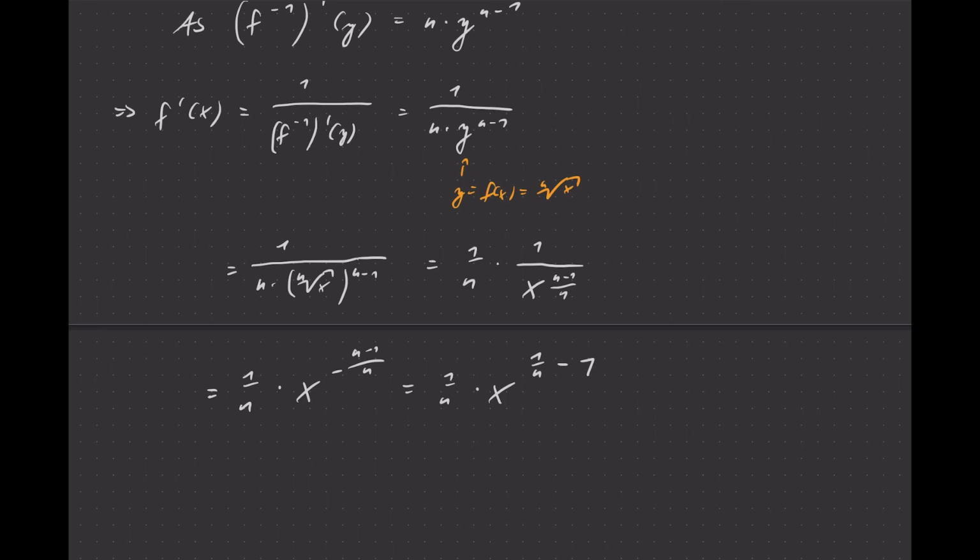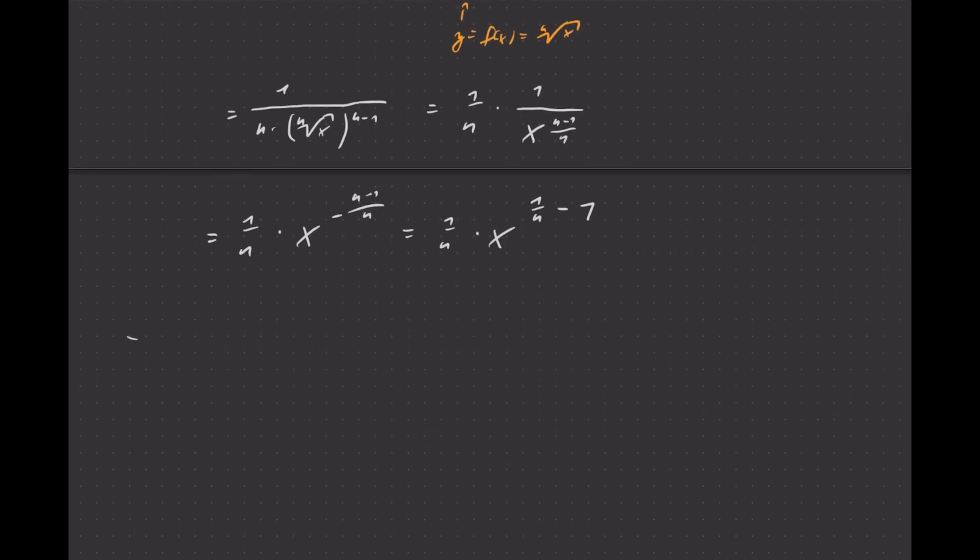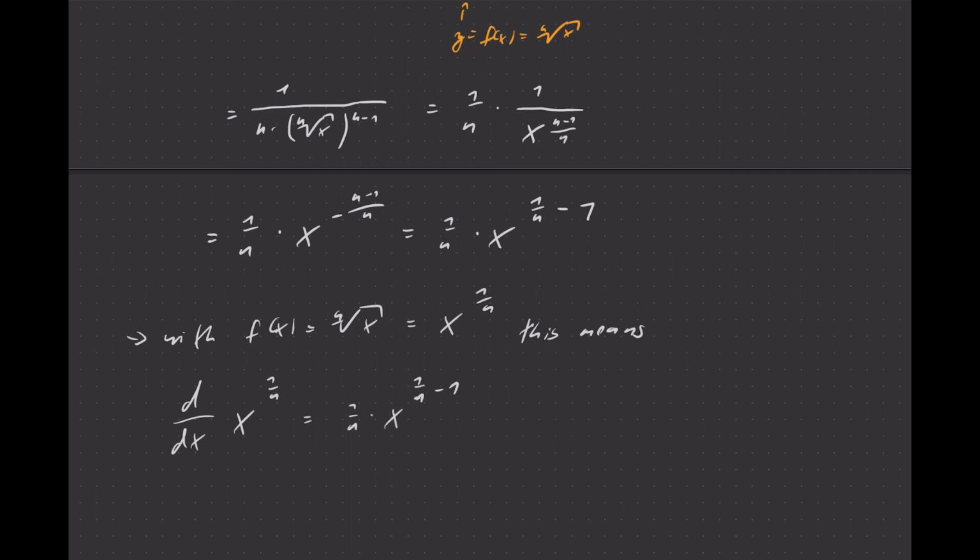What you can see here is, remember, f of x equals nth root of x, which could also be written as x to the power of 1 over n. So what this means is the derivative of the function x to the power of 1 over n is 1 over n times x to the power of 1 over n minus 1.